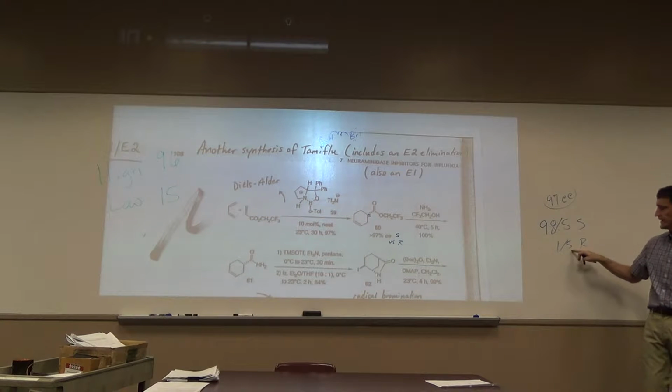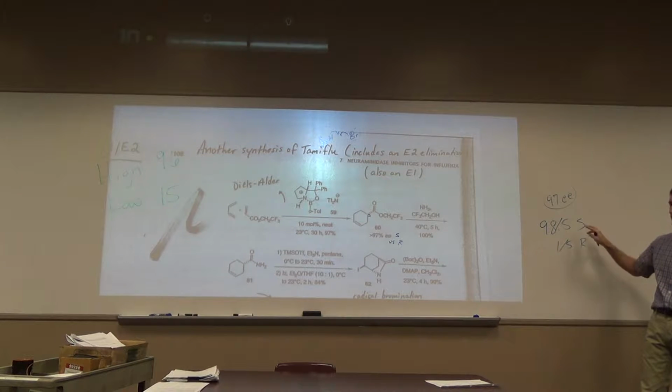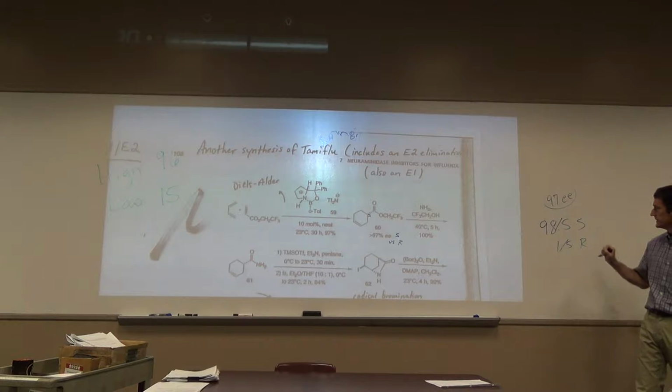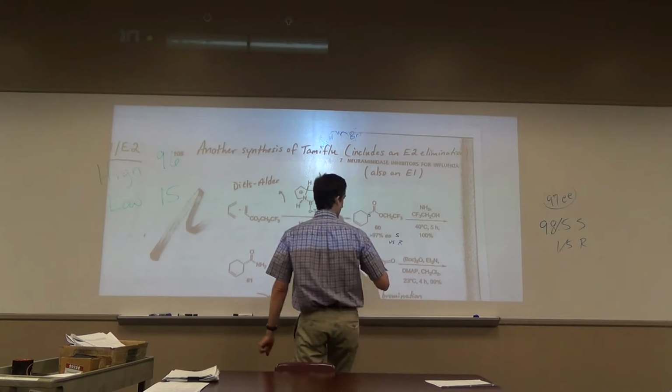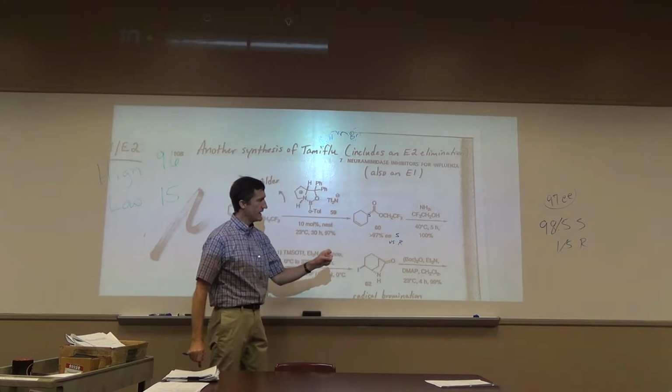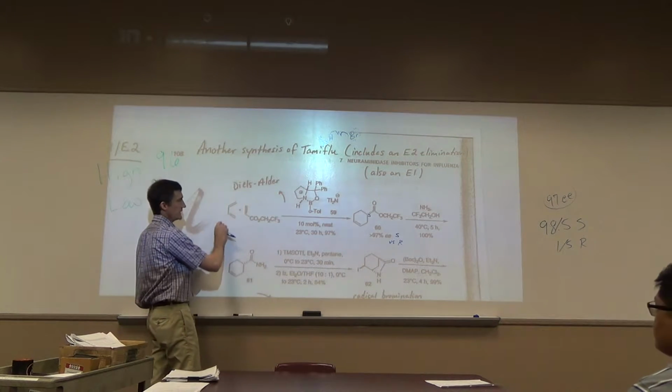Yeah. They got 1.5% of R. That's not too bad in terms of enantioselectivity. It is enantioselective because it's not 50-50. They didn't get 100% enantioselectivity. But this is going to be optically active because it's not racemic. It will have some optical activity.